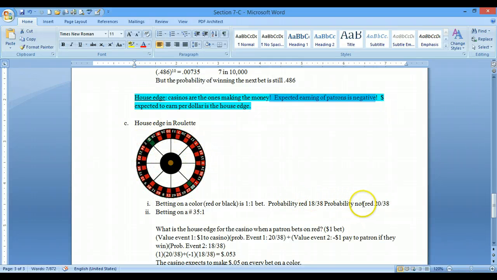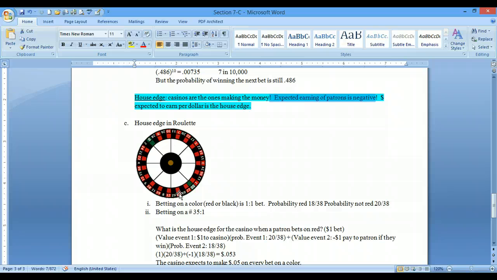The probability of not getting a red, now remember, there's 18 reds, 18 blacks, and 2 greens. So the probability of not getting a red would be the 18 blacks plus the 2 greens, which is 20 out of 38.